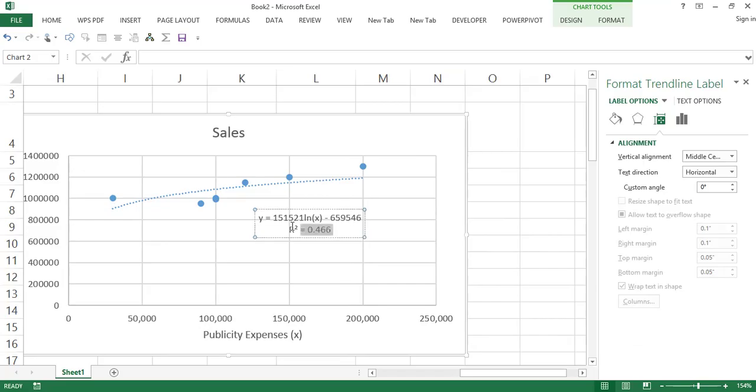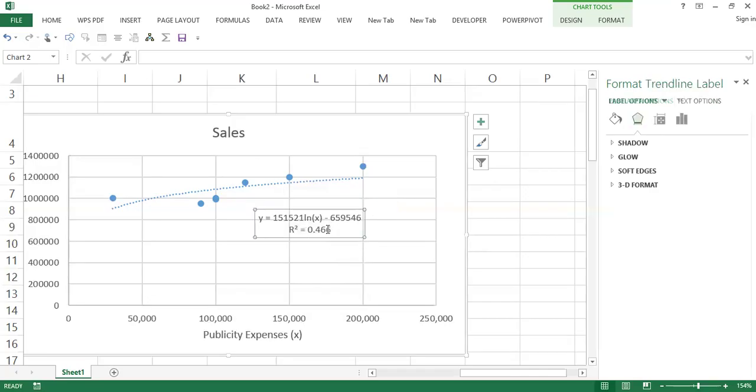Here, logarithmic is very poor, okay? It doesn't suit this data at all. So you can see R-squared is small. So logarithmic is out for this particular data. Hope we are seeing what I'm talking about.